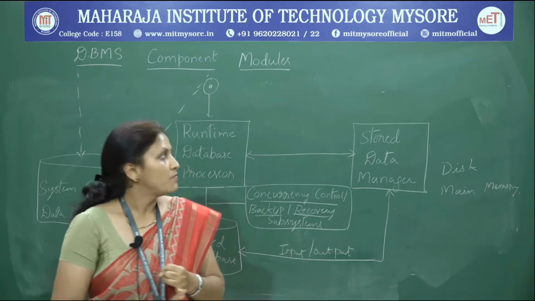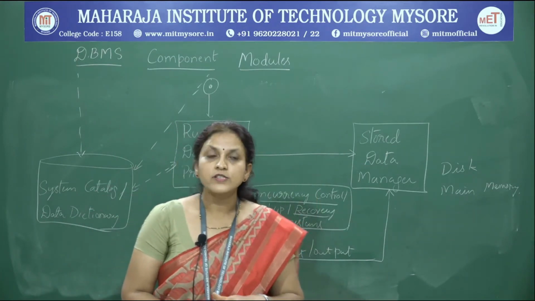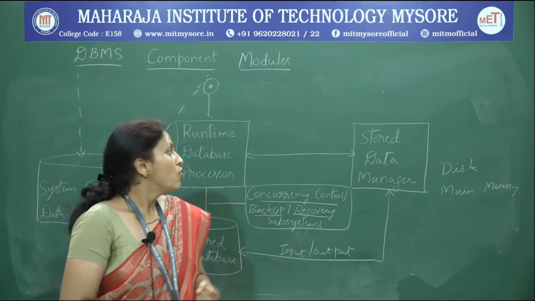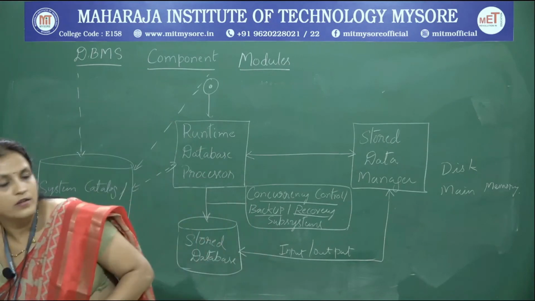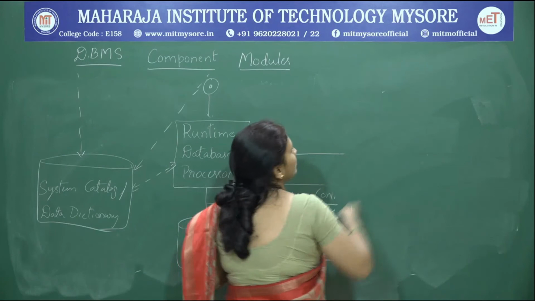Now, we have seen different database component modules. Along with these component modules, there are some more utilities that are provided. Okay. What are those utilities? We will list 4 utilities.